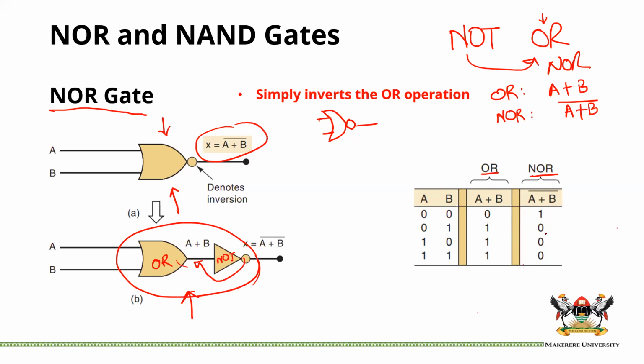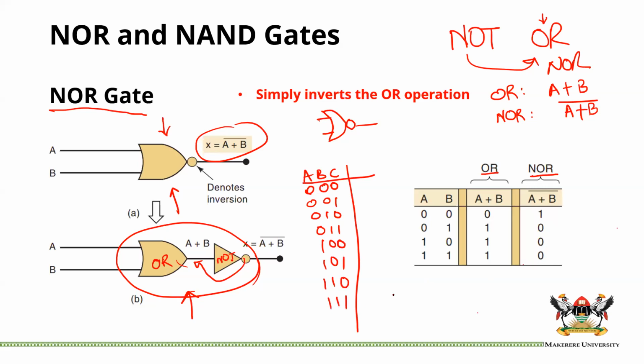So it is 1, everything else 0. Now for NOR, it is the opposite. That's a 0, everything else is 1. So that is your NOR gate.